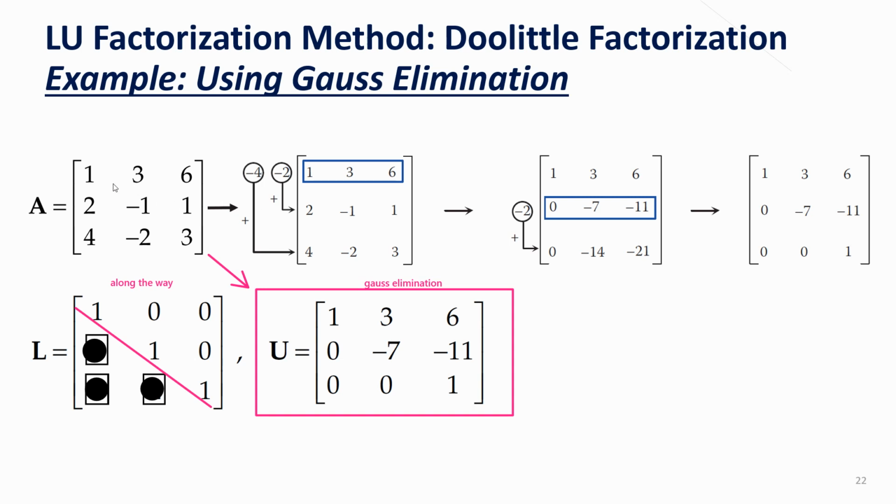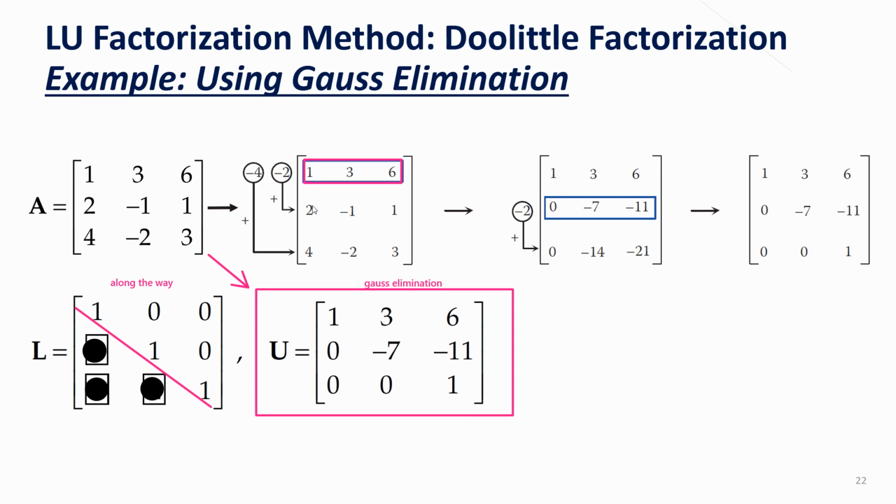The first step is to select the pivot row, in which for now we select this one because this is already 1, and then our job is to get rid of this one to become 0, right?